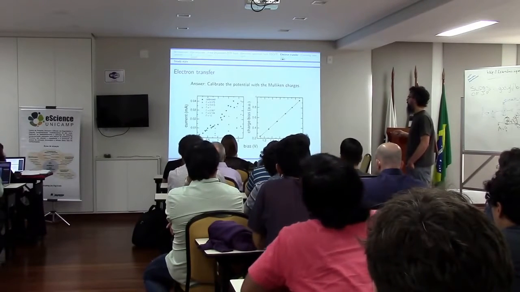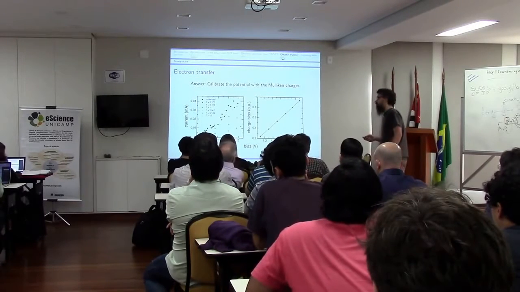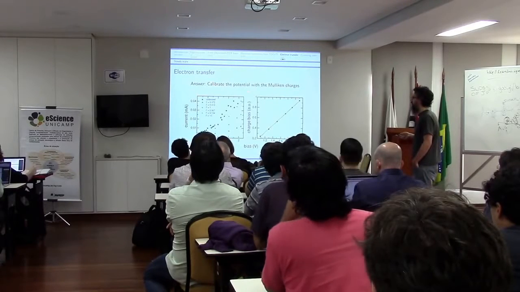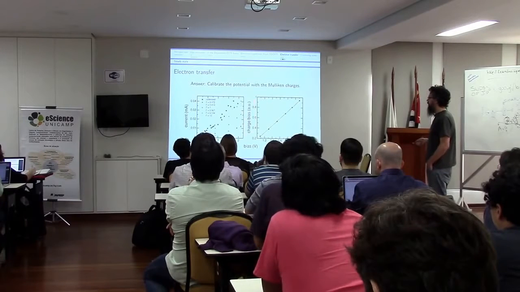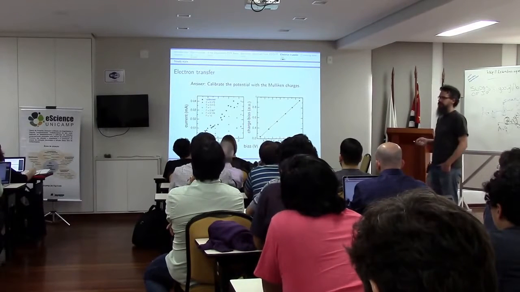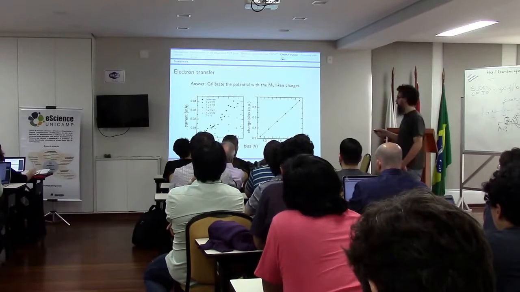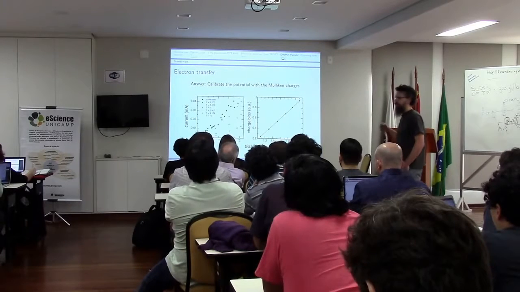So how can we remove this problem? We calibrate the potential with the Mulliken charge. If we plot the charge bias, the difference of the charge between source and drain, as a function of the potential applied.